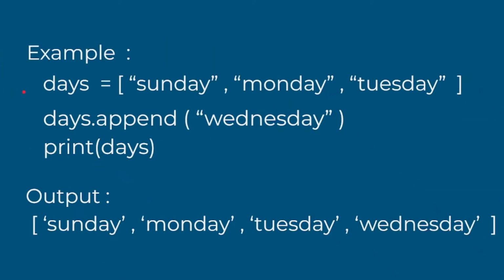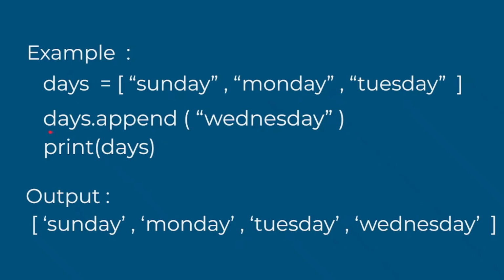Here in the first line, we are creating a list with the name days, and we are assigning 3 items to that list. The items are Sunday, Monday, and Tuesday. In the next line, we are trying to add an item called Wednesday to the end of the list.